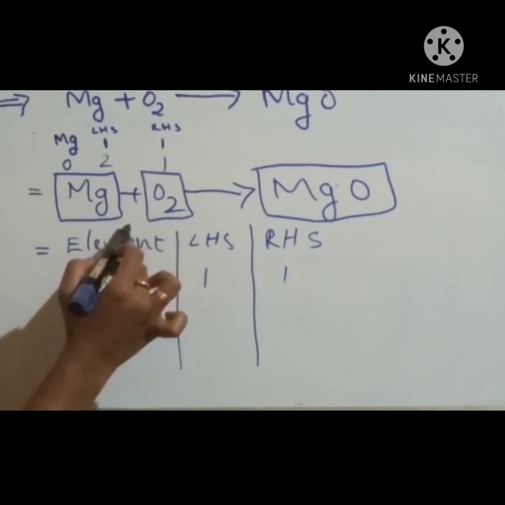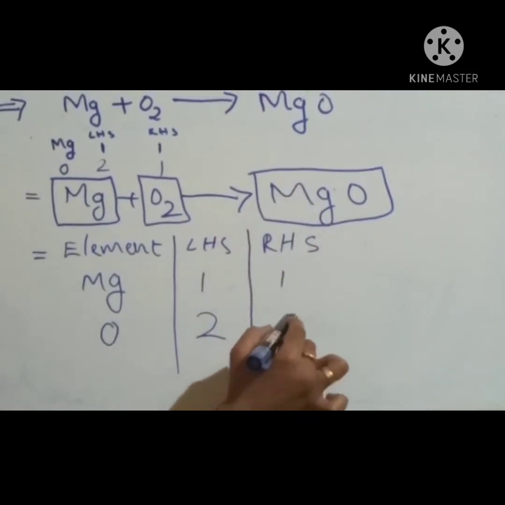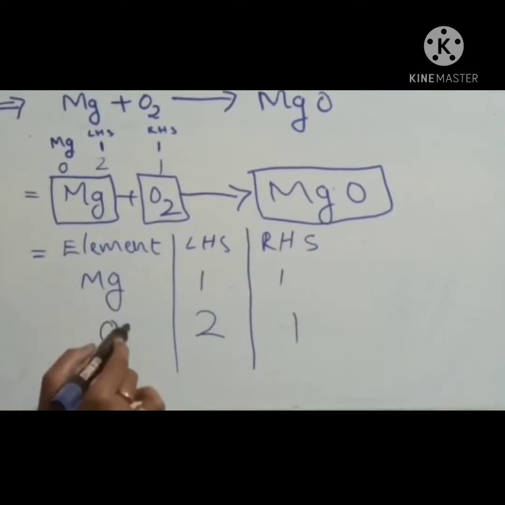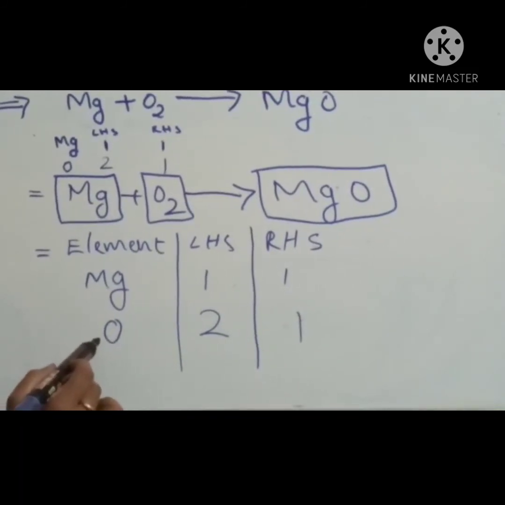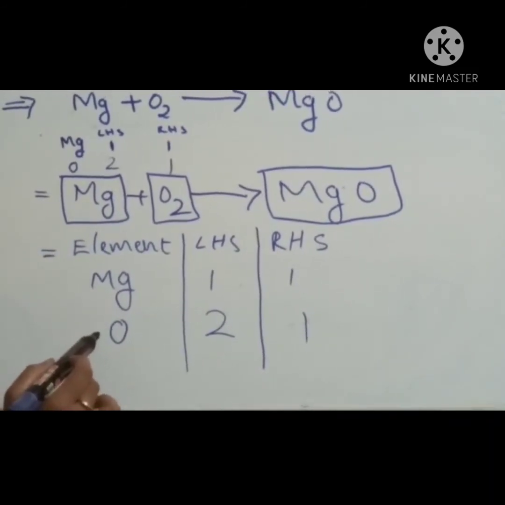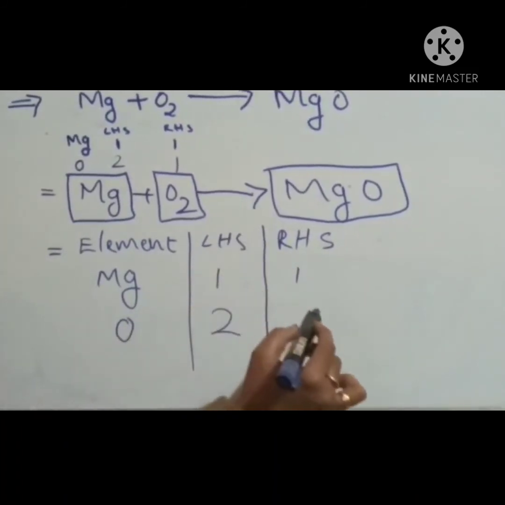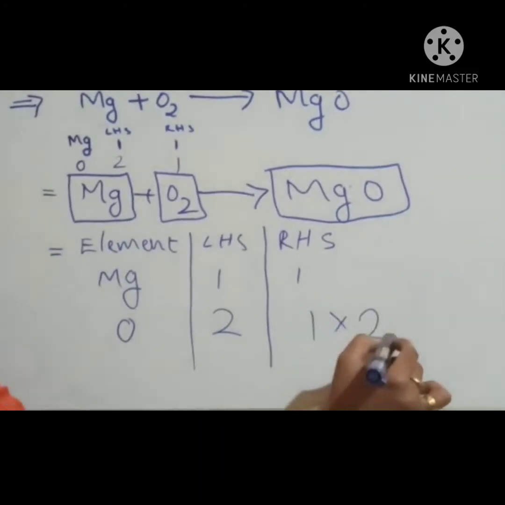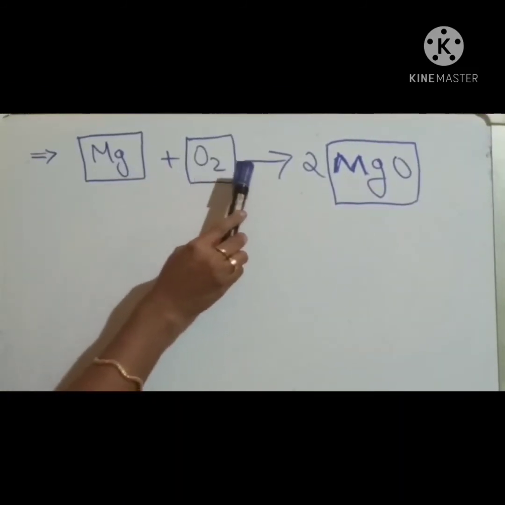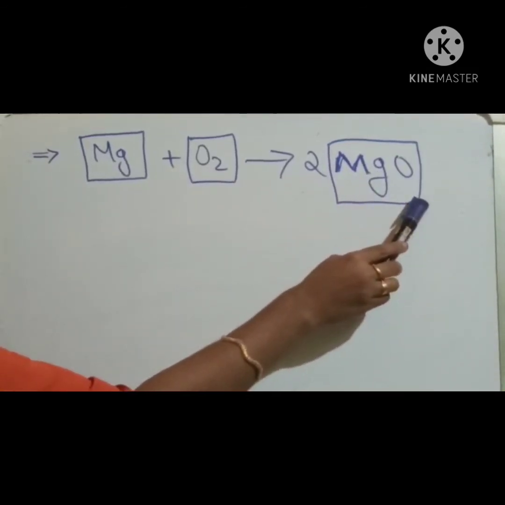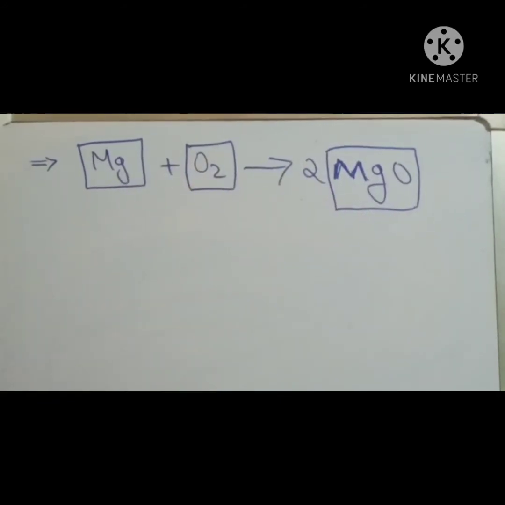The number of oxygen atoms is 2, and on RHS 1. So we have to balance oxygen. To balance oxygen, we have to multiply it with 2. Then the equation becomes Mg plus O2 gives 2MgO. Why do we write 2MgO here?